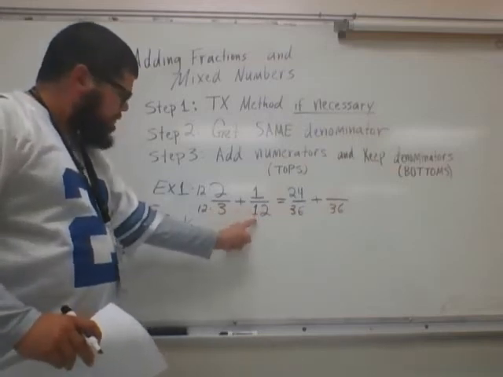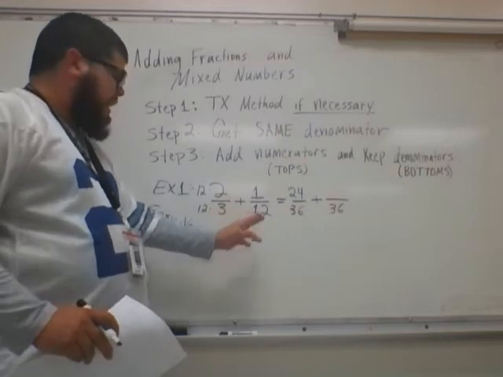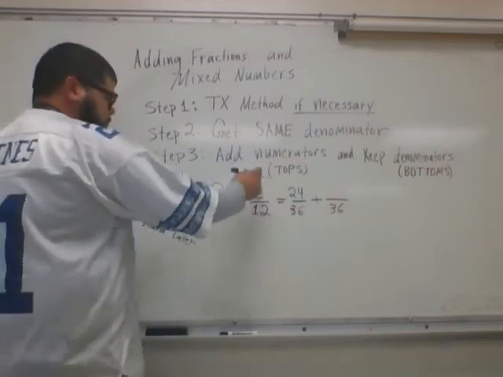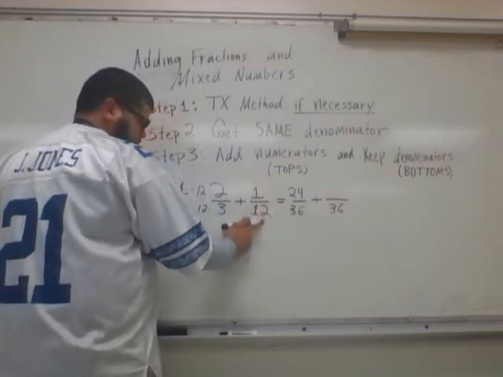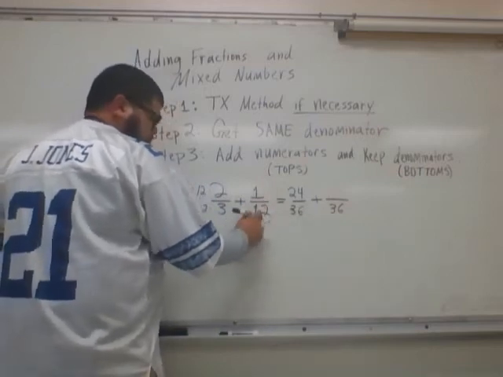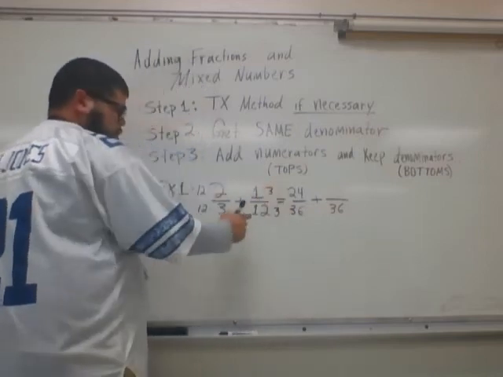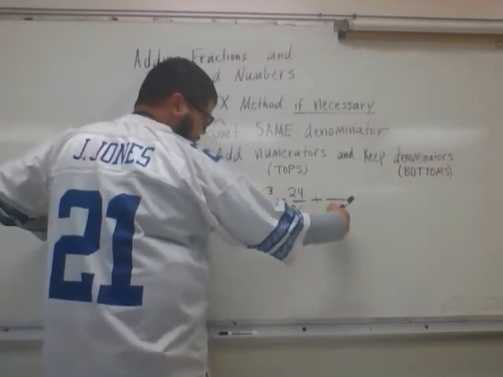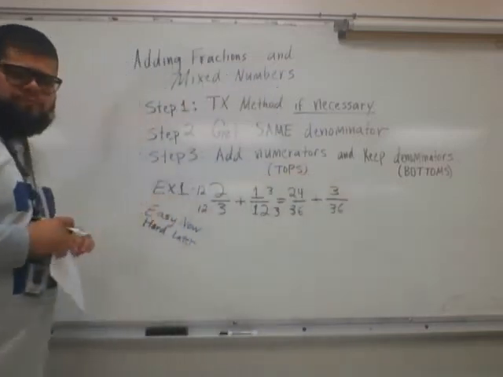Now we got to create an equivalent fraction to 1 over 12. And we're going to do that using the same idea that we used here. Whatever we do at the bottom, we have to do at the top. How do I get 12 to be 36? I got to multiply it by what? By 3. Whatever I do at the bottom, I got to do to the top. 12 times 3, I get 36. 1 times 3, I get 3. Okay?